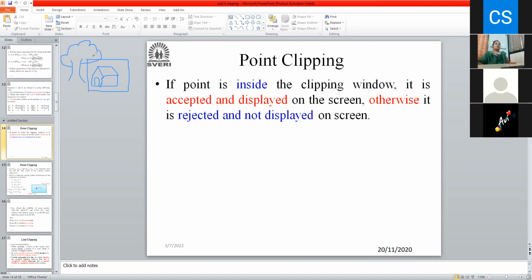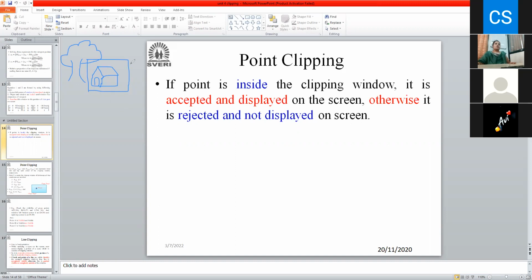This rectangular portion, which is called the clipping window, is considered. We will have the portion which is inside the clipping window, which is some portion of the tree and the whole house. I'm going to make use of this clipping window so that this picture will get displayed on my device. So clipping is nothing but extracting the visible portion and removing the invisible portion with respect to the clipping window.